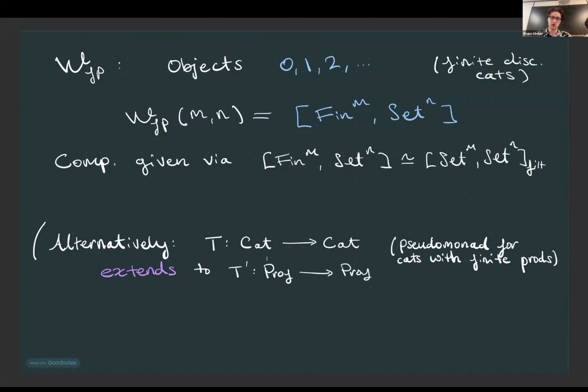So that means that there's a new pseudomonad T prime that has the same action on objects and representable one-cells as T did. Then WFP, which is a bit of a mouthful, is: take the Kleisli bicategory of T prime, restrict to the finite discrete categories, and take the opposite. These two definitions are exactly the same. I wouldn't focus too much on the abstract one for now, but it's there in case you wanted it.